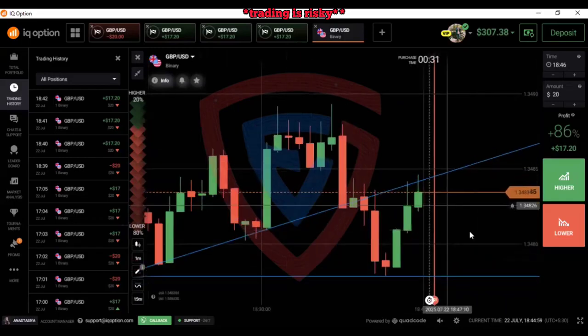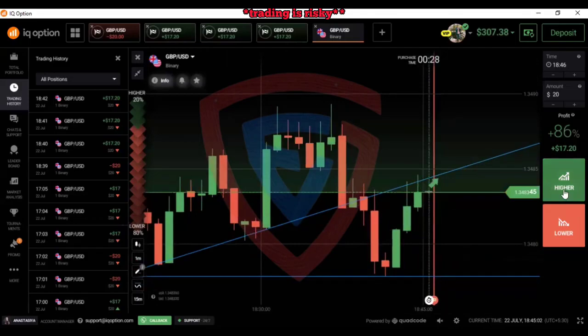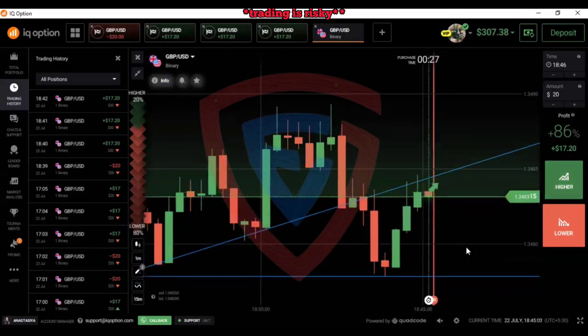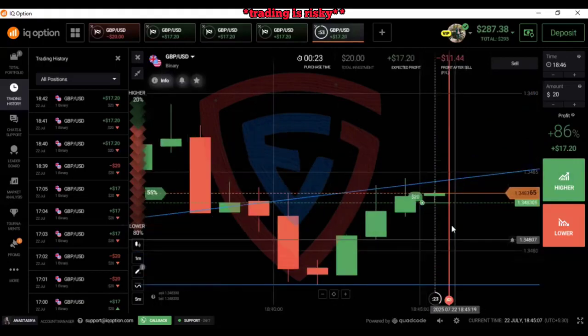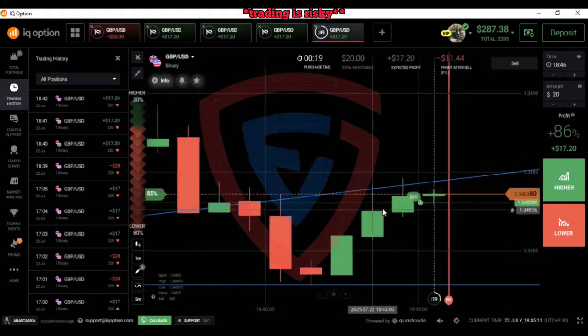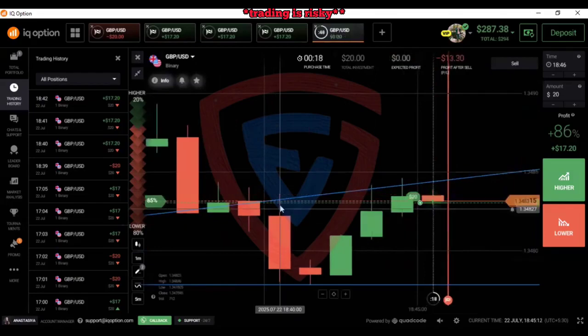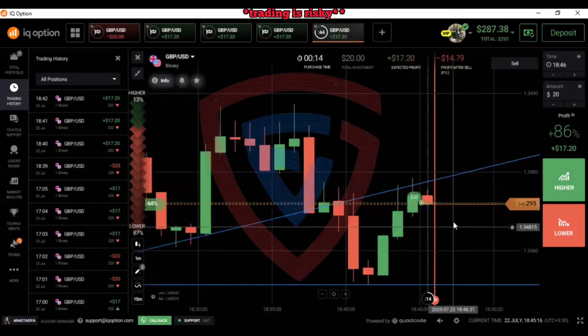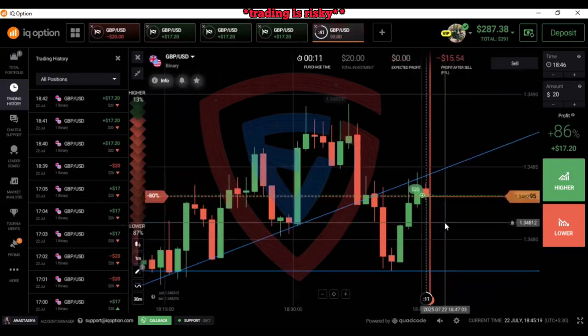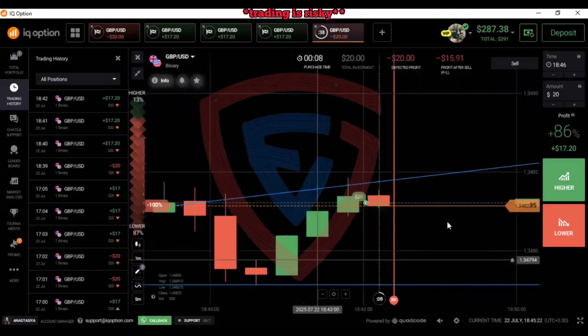Still there is a gap to the next level, so buyers may continue here. I will try to place here a higher option trade instead of a lower option trade because it is a seller's area, but after rejecting, there is no seller's entry compared to this point and there is a gap to the next level too. So it's better to place a higher option trade instead of a lower option trade. That's why I placed a higher option trade with some margin of safety.